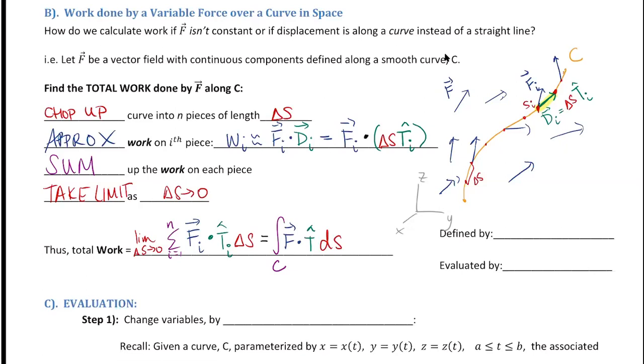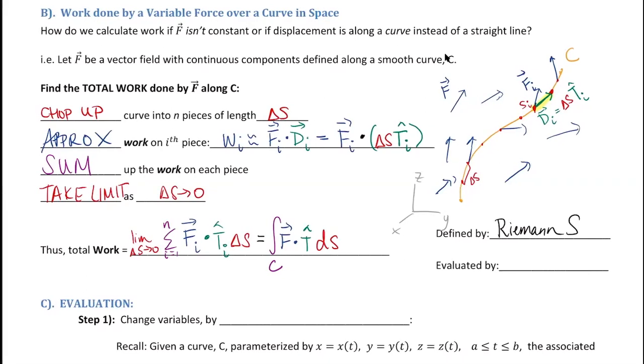And so as you notice, we have defined this as a limit of a Riemann sum, but to actually evaluate it, we know how to do line integrals, and in fact, notice what's going to happen when you take the dot product of these two vectors.